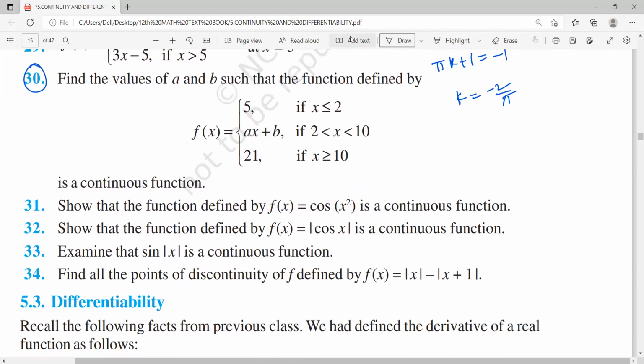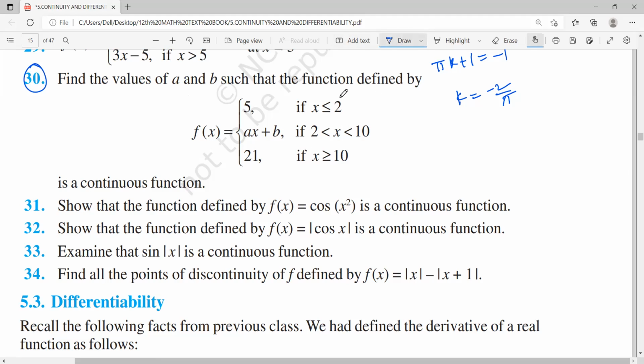Should we check at 2 and 10? Yeah, exactly. See, find the values of a and b such that the function is continuous. If it is a continuous function, what should be a and b values? It means it's continuous at all points, right? So we get that ax plus b is equal to 5.